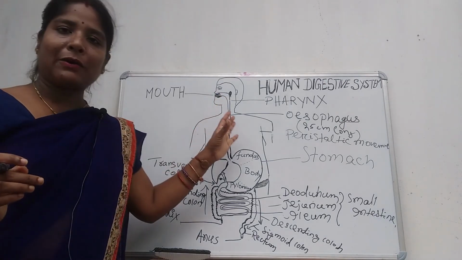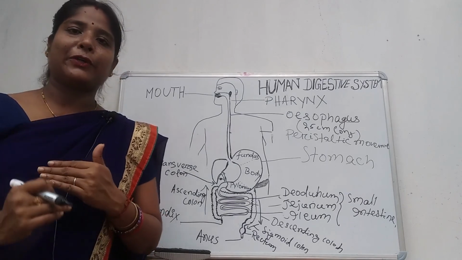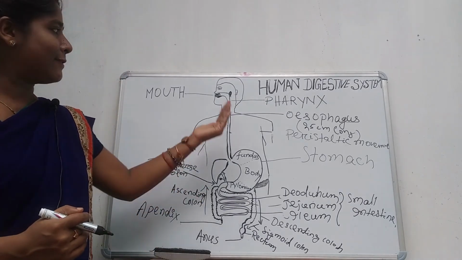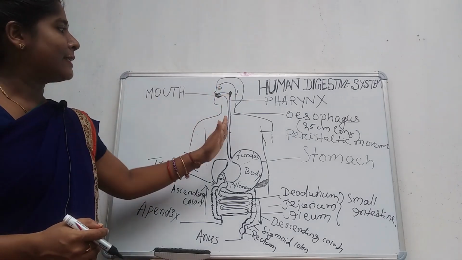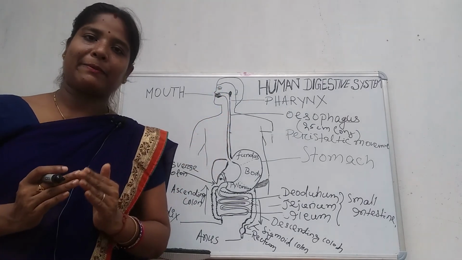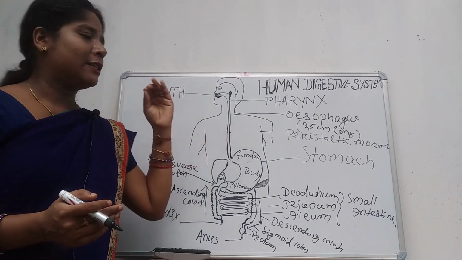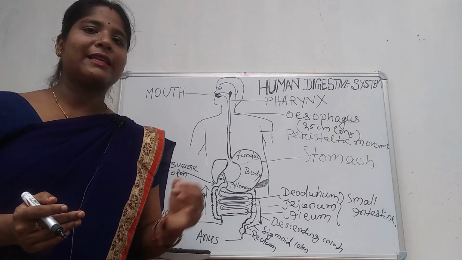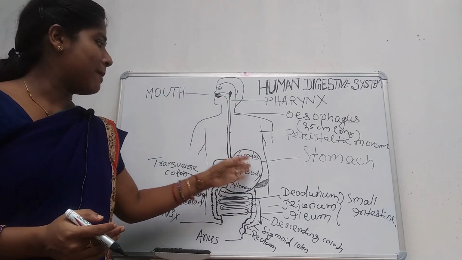Next to the mouth is the pharynx, which is common to both the respiratory tract as well as the digestive system. Next to the pharynx, a hollow muscular pipe is present, called the esophagus, and its function is to pass the swallowed food to the stomach.